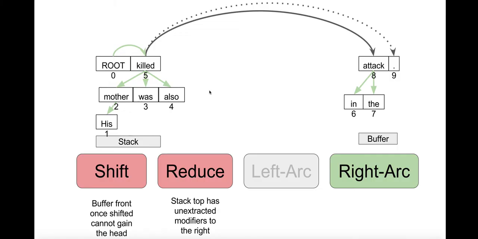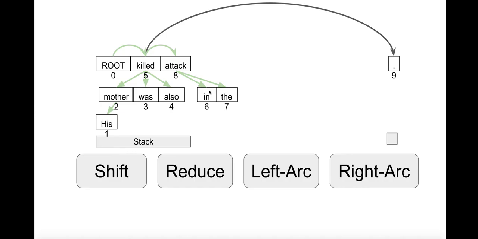Similar reasoning: stack top has unextracted modifiers to its right, so if we reduce the stack top, it gets removed from the stack, and we cannot have these modifiers in future. And we cannot shift either, because once the buffer front is shifted, we cannot get the head of the token attacked to be the token killed.